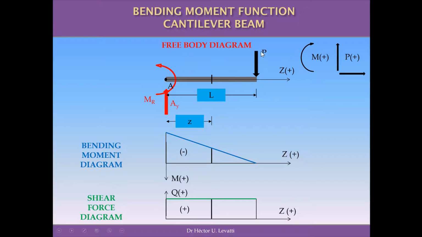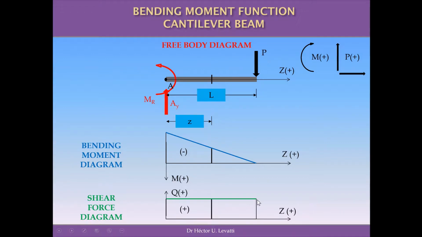We know that for a cantilever subjected to a punctual load, the distribution will be linear for the bending moment diagram, and this is the shape of the bending moment diagram, and it's negative because it's on top of the reference line and because it's producing a hogging deflection.